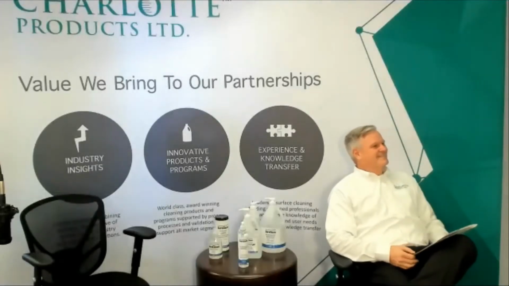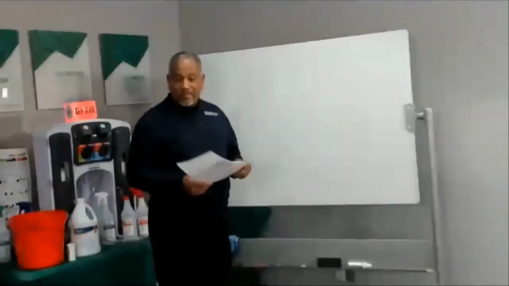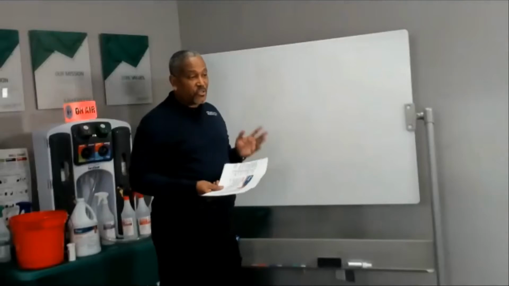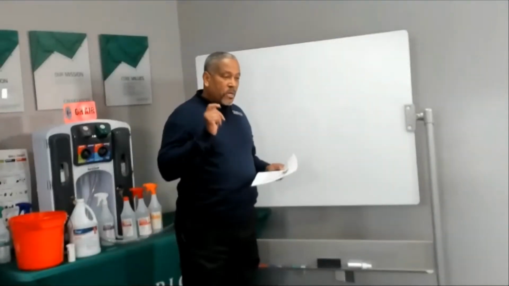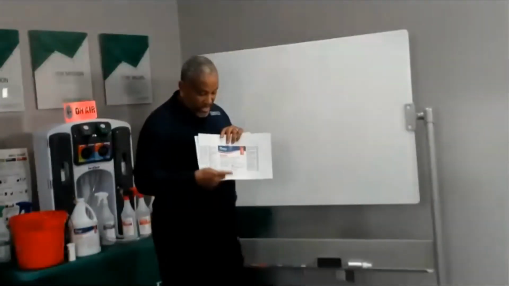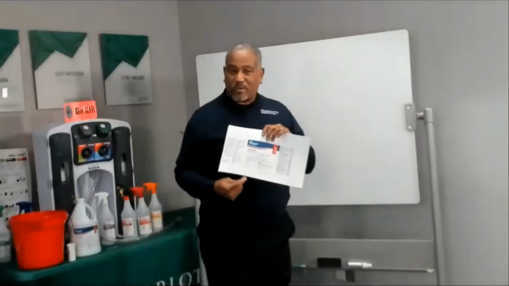Today, we're going to talk about keeping your facilities properly disinfected. And in order to do this, you must have proper dilution control. So a couple of things that we're going to start off with is by saying, when you look at your label, every single label that we've got will have an active ingredient list.